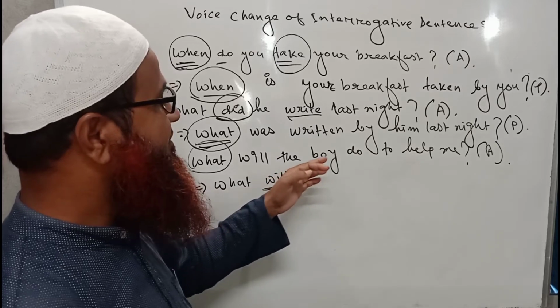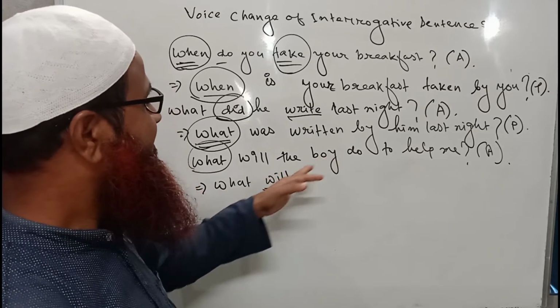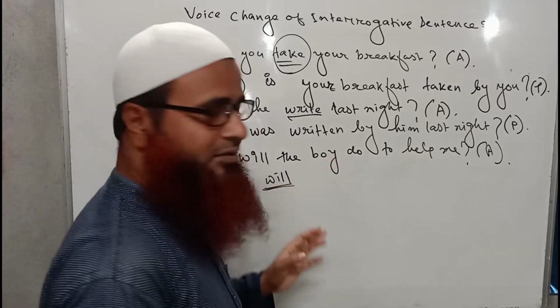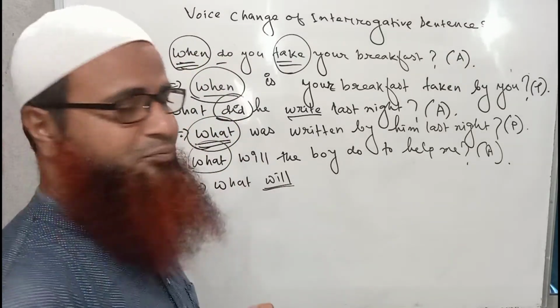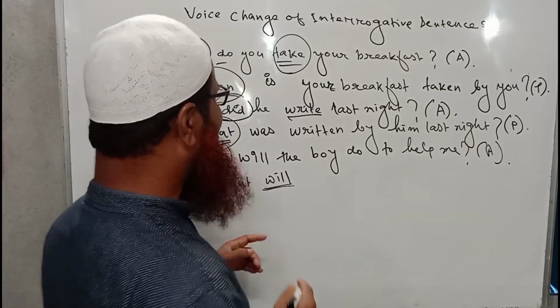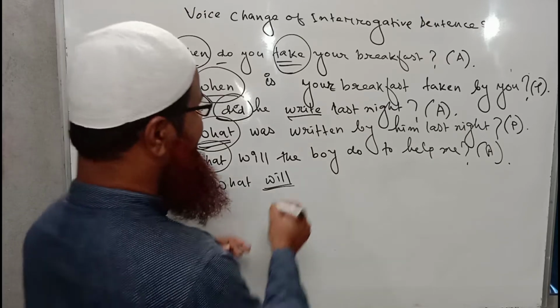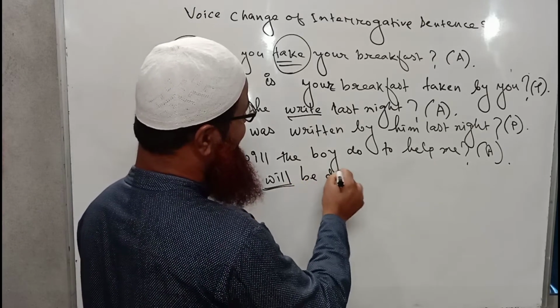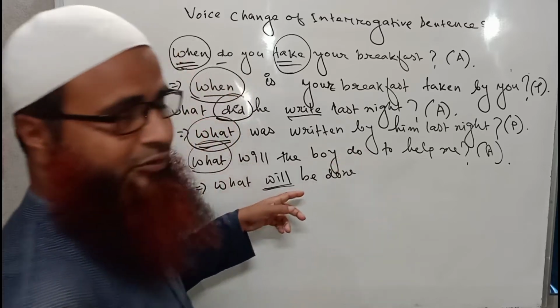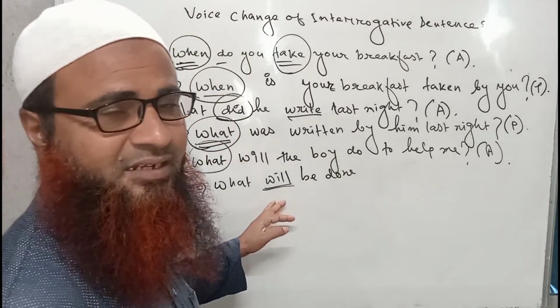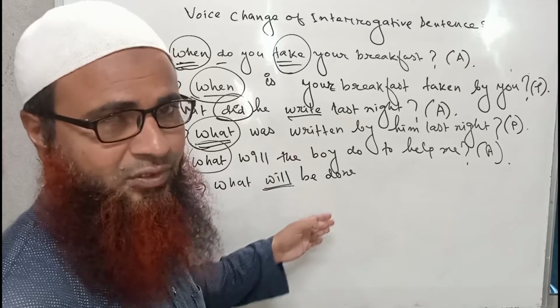What will, then will always takes be in passive form. What will the boy do to help me? So what will be, do, did, done, there be will come because will is present here, and we have already learned the rule.